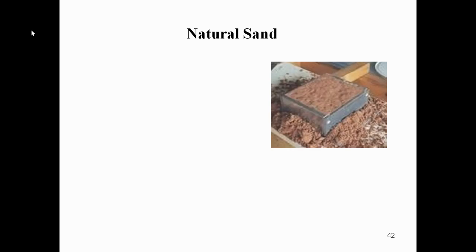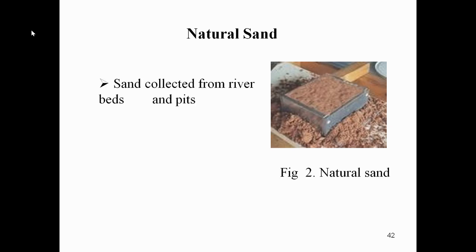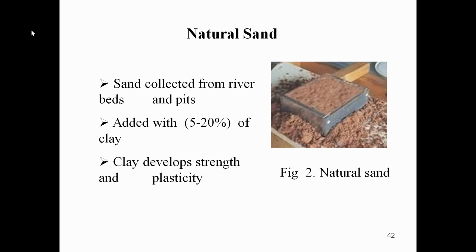Among them, the first one is natural sand. Sand is collected from river beds and pits, and 5 to 20% clay is added.